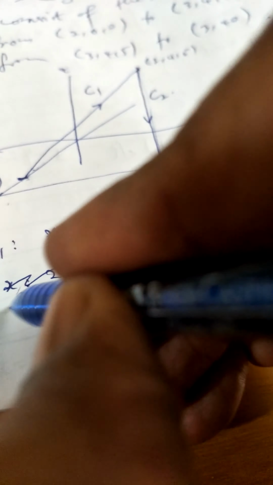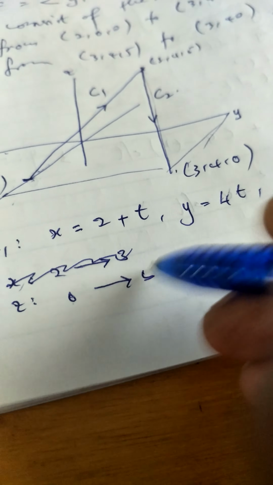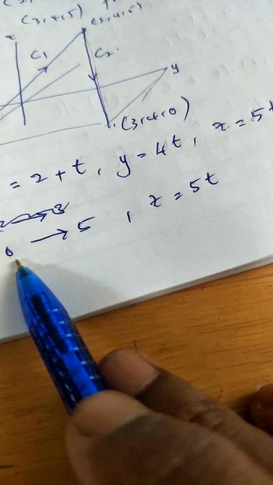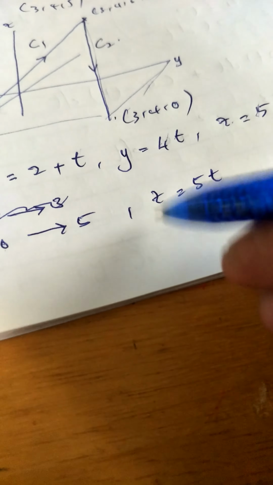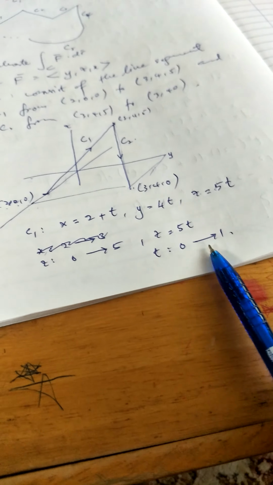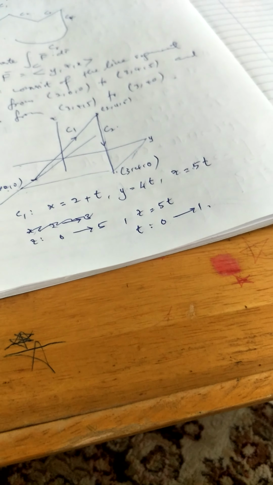Use z from 0 to 5. We have z equal to 5t. So when z is 0, t is 0, and when z is 5, t is 1, which means t goes from 0 to 1. That's the integration range for C1.